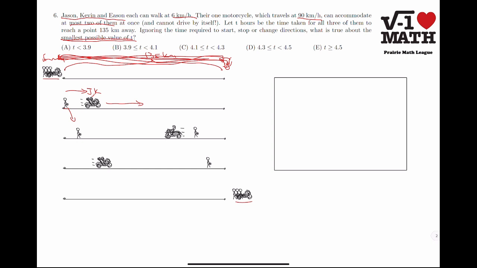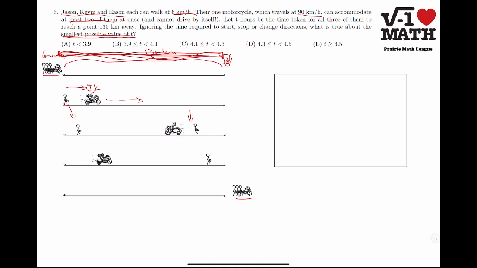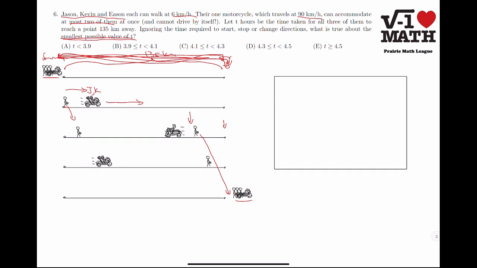And in a similar fashion, once Jason stops to drop off Kevin, Kevin can just walk all the way for the rest of the journey and meet with the motorcycle as it comes back. So in this case, Jason and Kevin go to the right while Ethan walks. Jason drops off Kevin, and goes to pick up Ethan. And then finally, they meet, and they all reunite at time t.